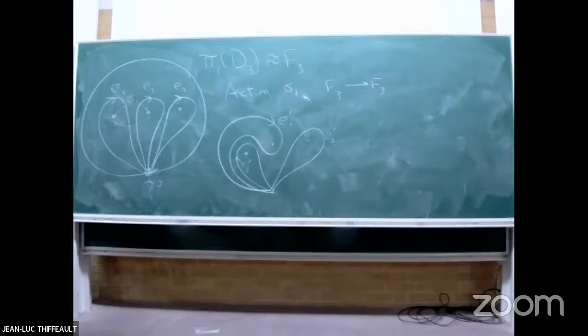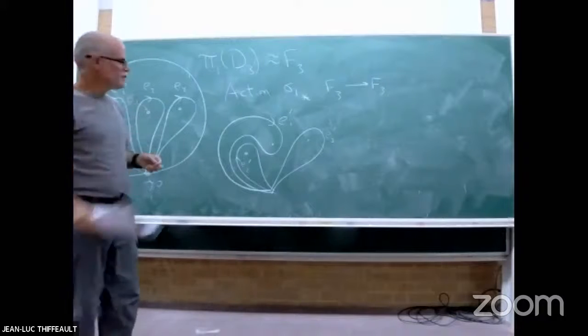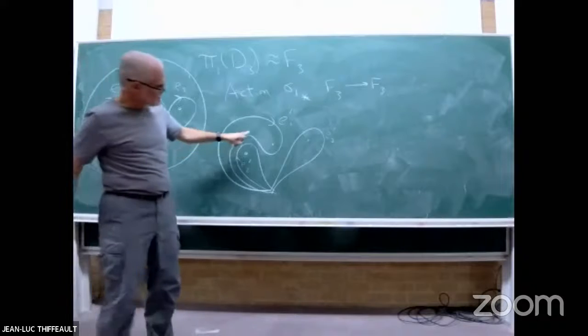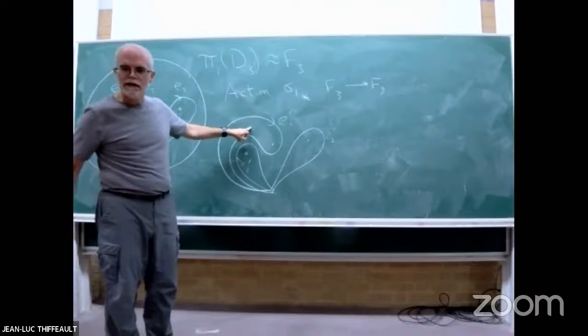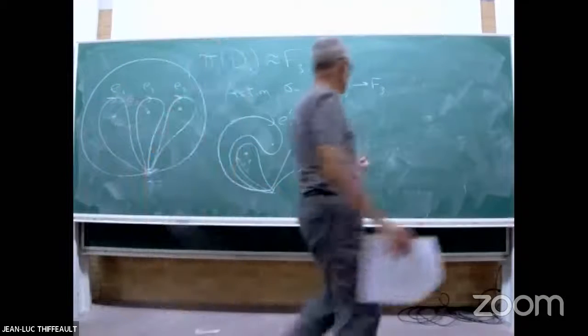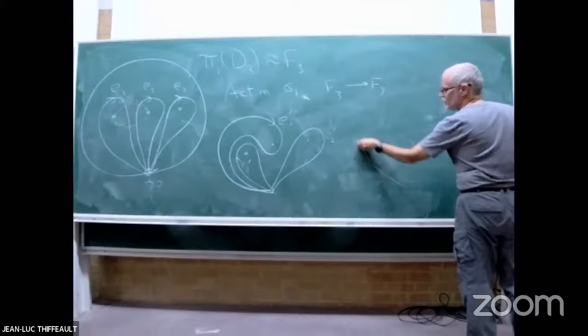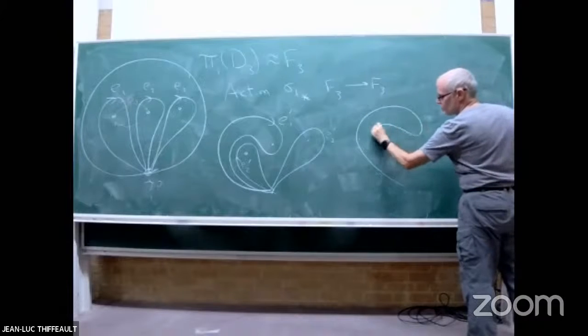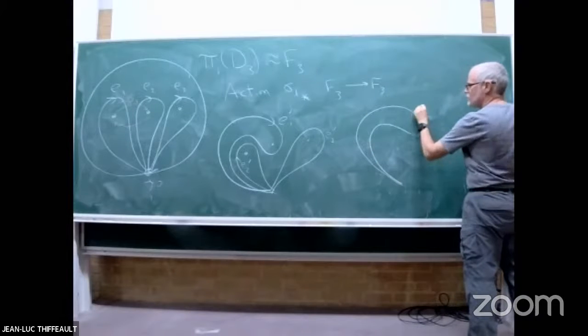Sorry, let me find my links in my notes. Actually, let's think about what this is as an element. What is E1 prime as an element of the fundamental group? Right. So let me just draw it by itself. So E1 prime kind of looks like this.